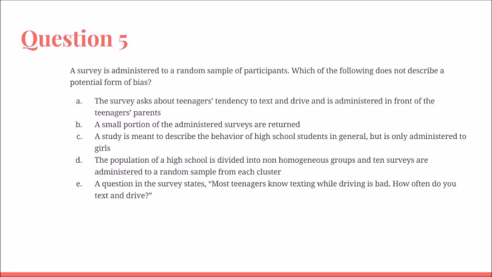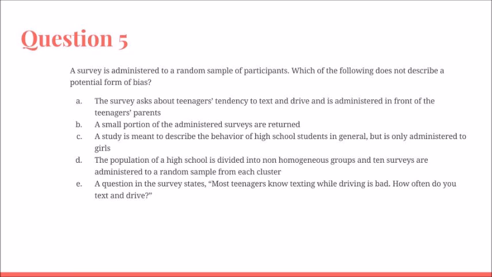A. The survey asks about teenagers' tendency to text and drive and is administered in front of the teenagers' parents. B. A small portion of the administered surveys are returned. C. A study is meant to describe the behavior of high school students in general, but is only administered to girls.